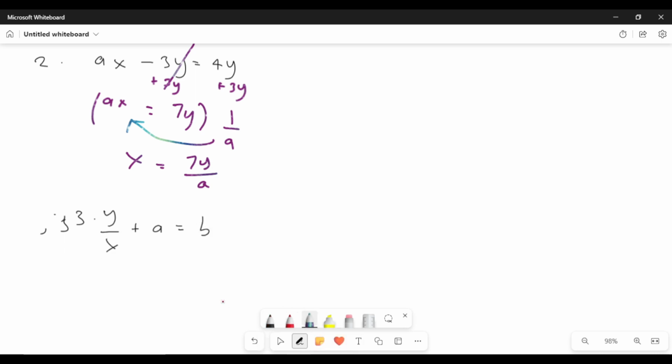So to solve this, we have to subtract a from both sides. Subtract a on the left and the right. This will leave us with y over x is equal to b minus a. So a cancels out.